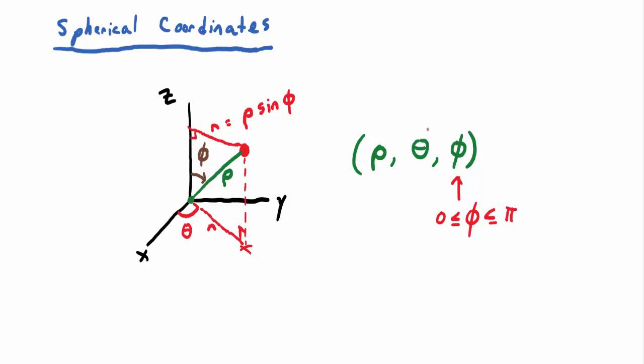And there's actually no reason to let theta get any bigger than 2 pi either. So we're going to let theta range between 0 and 2 pi. It's not necessary to go bigger, because then you've gone more than once around, right? And you can, believe it or not, describe any point in the universe that way.